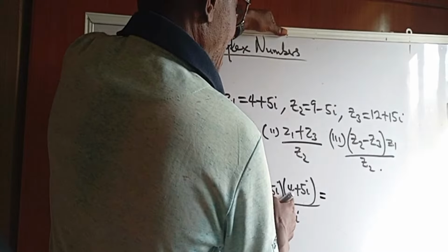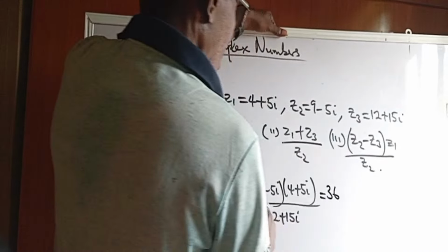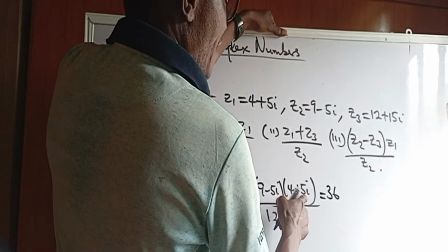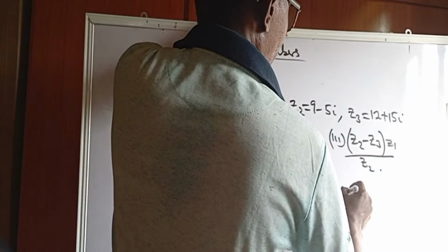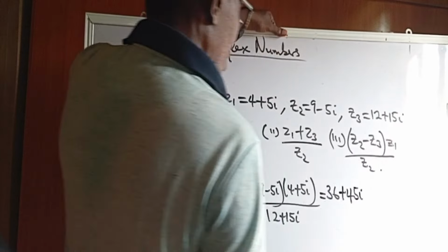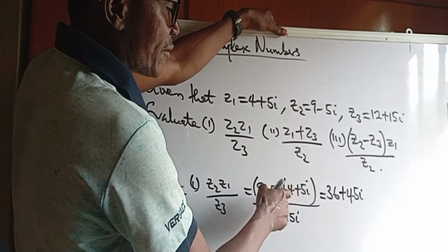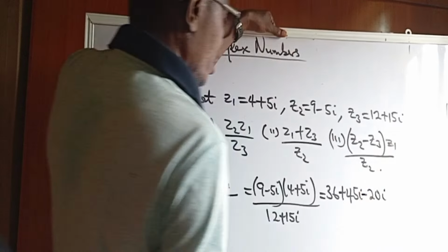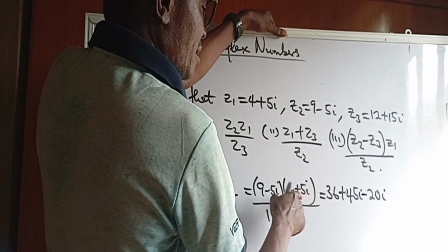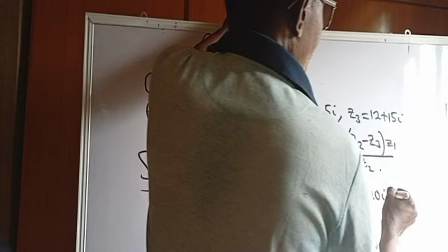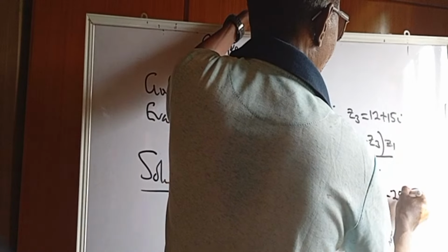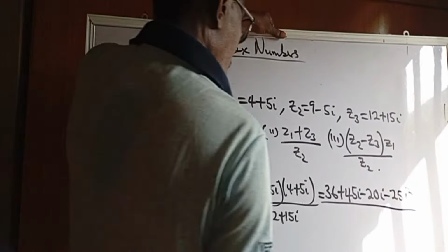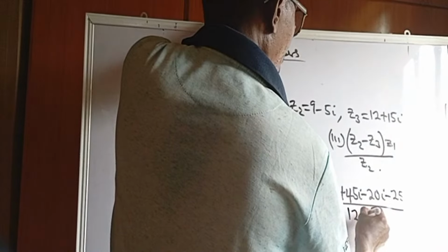We expand. 9 times 4 is 36. 9 times plus 5i, that's plus 45i. Good. Then minus 5i times 4, that is minus 20i. Good. Then minus 5i times plus 5i is minus 25i squared. Good. All over 12 plus 15i.